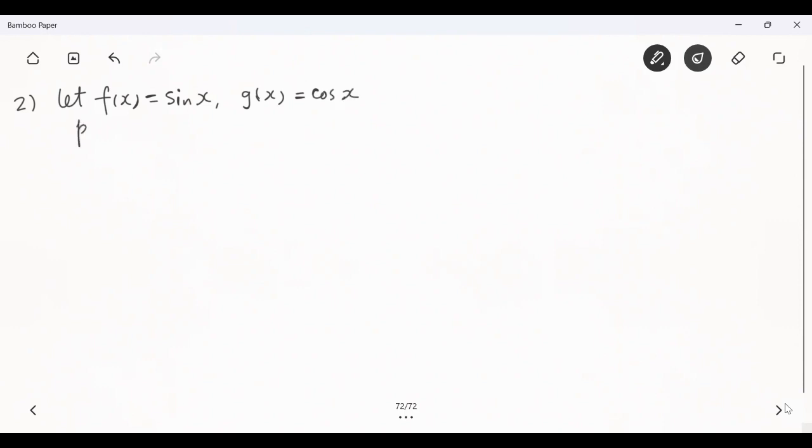And the combination function is p(x) equal f(x) times g(x). That means p(x) equals sine x times cosine x.